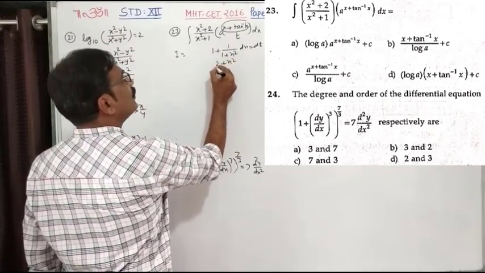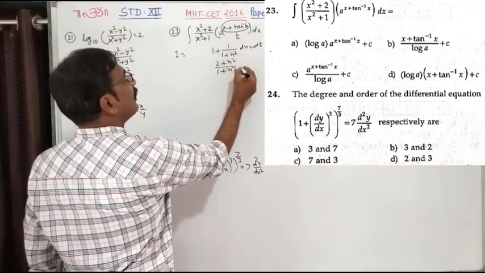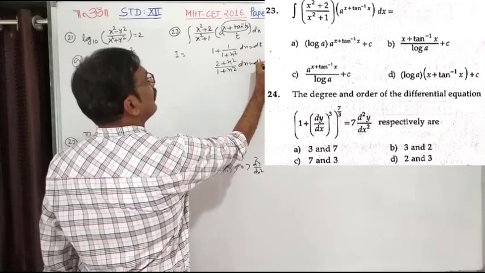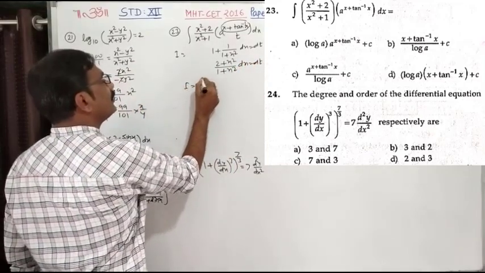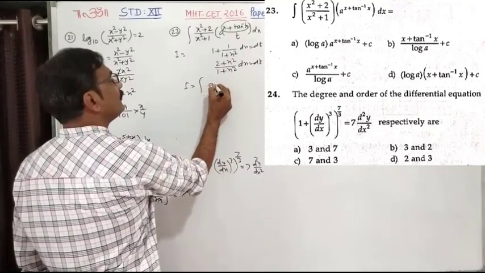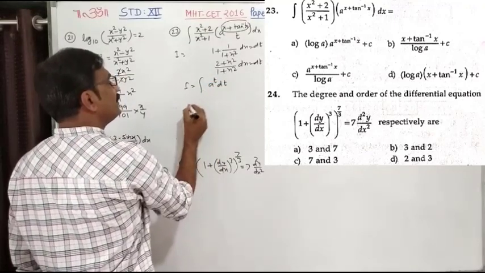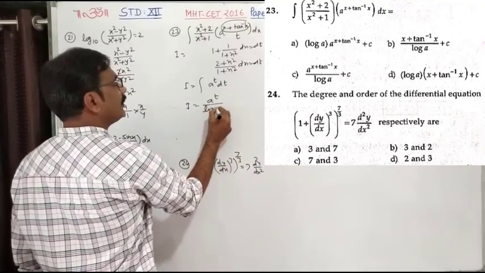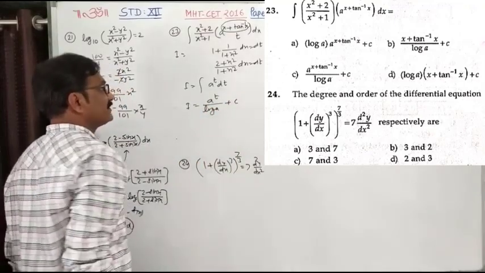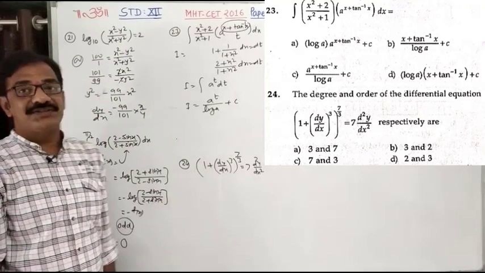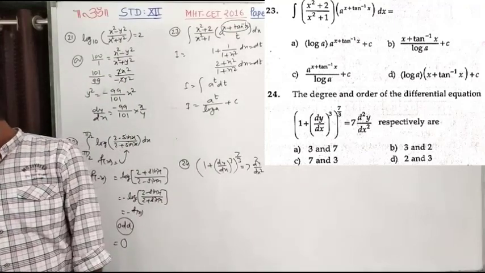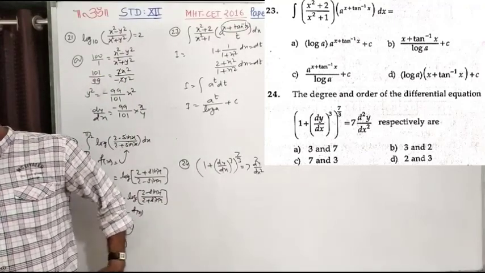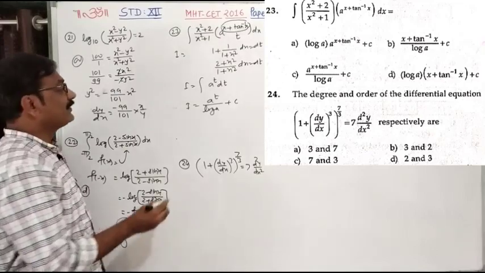So it is 2 plus x square dt. So your integral is a raised to t dt, a raised to t upon log a plus c. Replace t. What is that? Option is C.